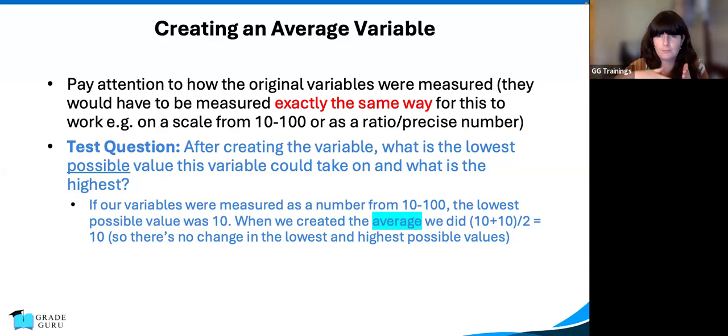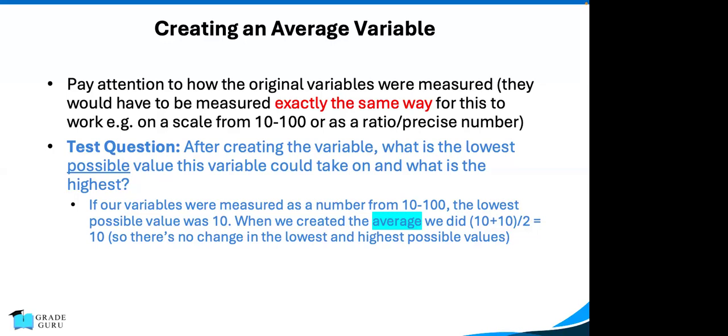So the lowest is 10. Now, when we create an average, what we're doing is variable 1 plus variable 2 divided by 2. So we would do 10 plus 10, which is 20, divided by 2 is 10. So even after the average, our lowest possible value is still 10, and our highest possible value is still 100. Does that make sense?